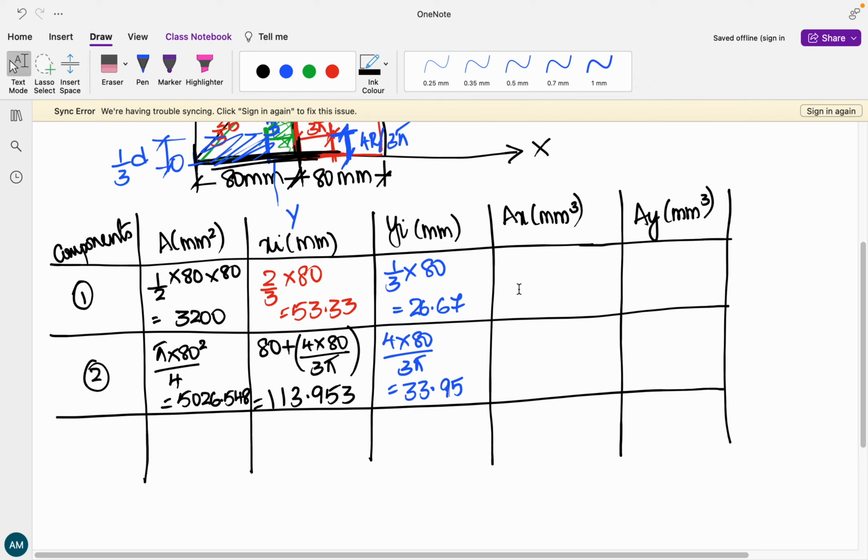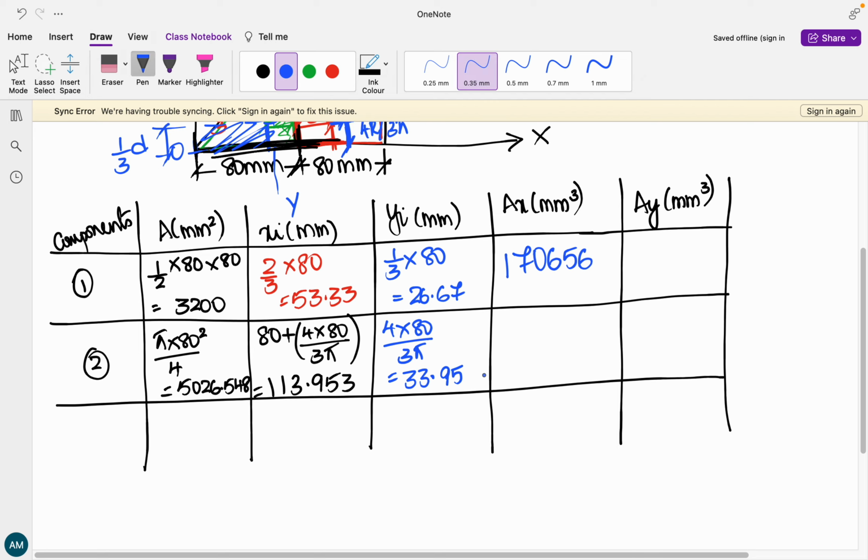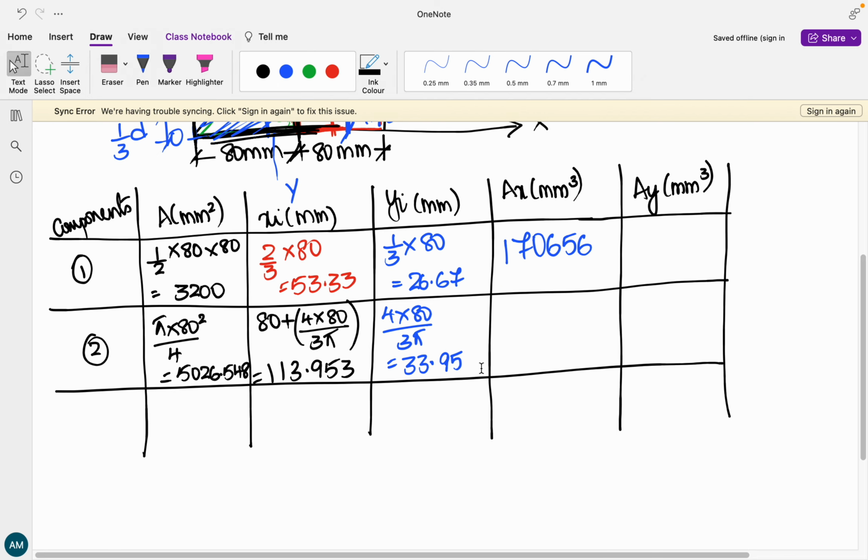Now let us calculate A into x. 3200 into 53.33, that is 170656. The next one, 5026.548 into 113.953, so this is 572790.22.